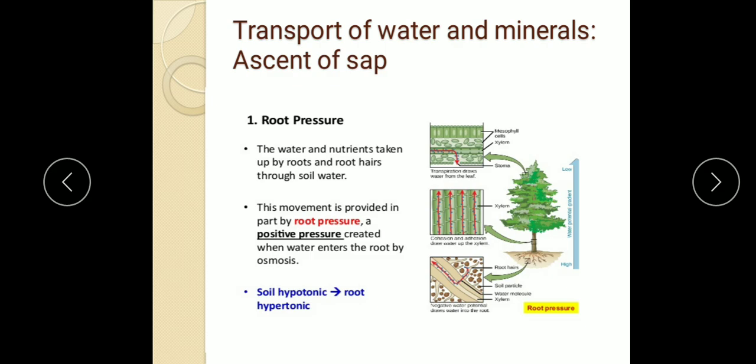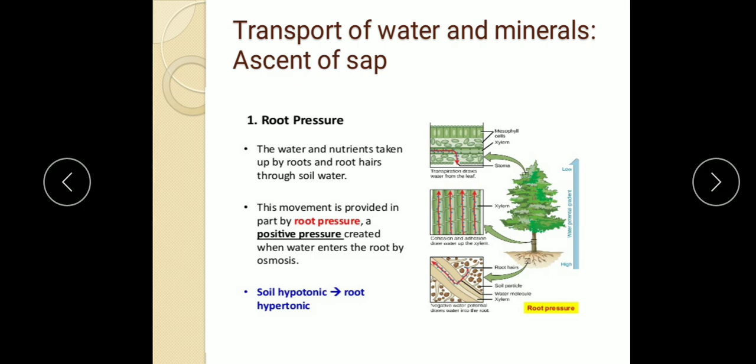And due to this concentration gradient, a pressure or a force is created in the xylem tissue to draw water and mineral to move towards the stem, because from root xylem water goes up in the stem xylem. Okay, so a concentration gradient is set up, as we have seen, from soil particles to the root hair, then from root hair to the root cells, then to the root xylem, from root xylem to the stem xylem.